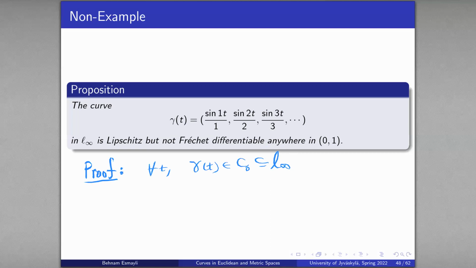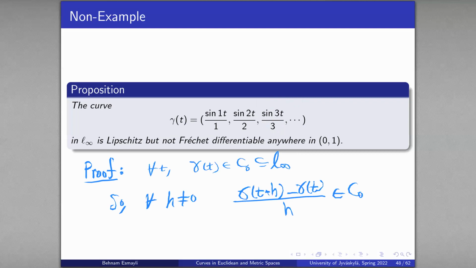Because here the numerator is always bounded by 1 and -1, and the denominator goes to 0, so for every t you pick, this definitely will be a sequence that goes to 0. So for every t, gamma t is a point in C0. So for every h other than 0, (gamma(t+h) minus gamma(t)) divided by h is also in C0.